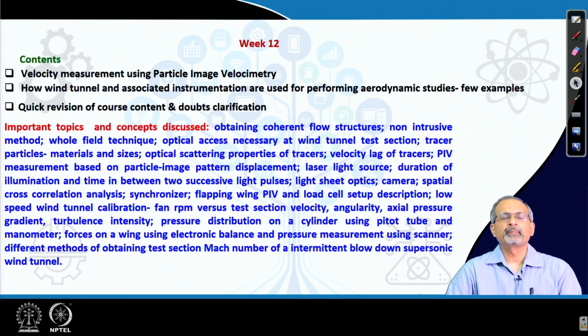So that was by using the electronic measurement method. And then different methods of obtaining test section Mach number in an intermittent blowdown supersonic wind tunnel were discussed at the end. So with that, we ended week 12 of the course.